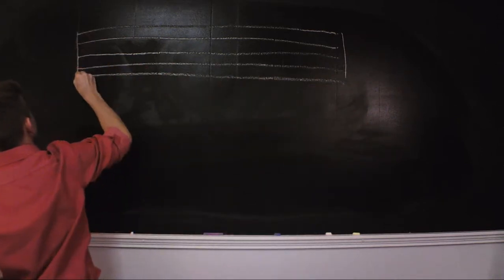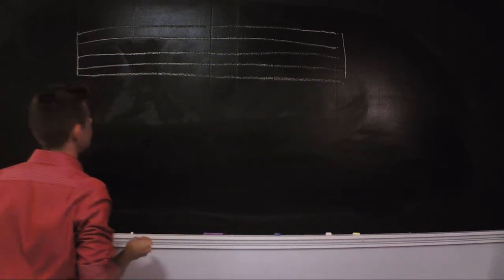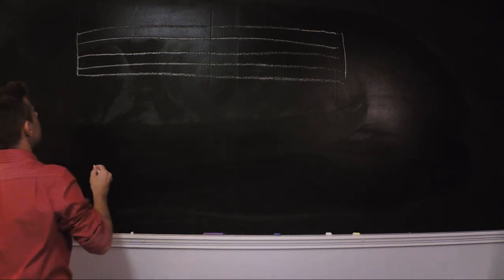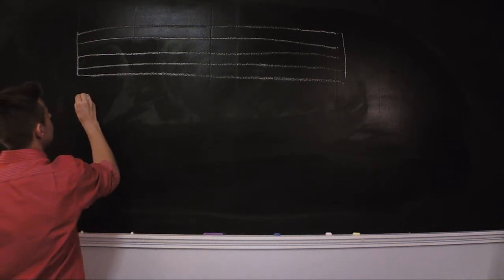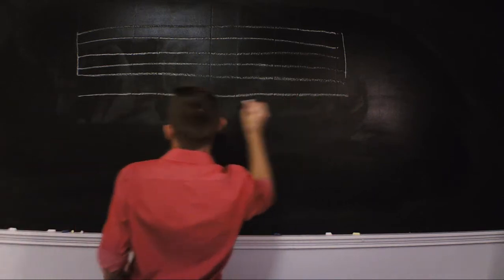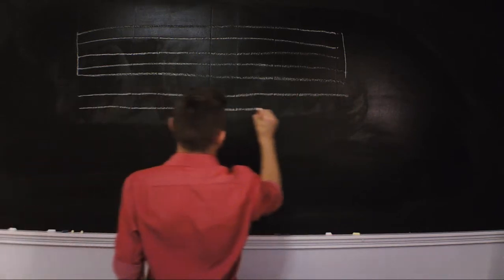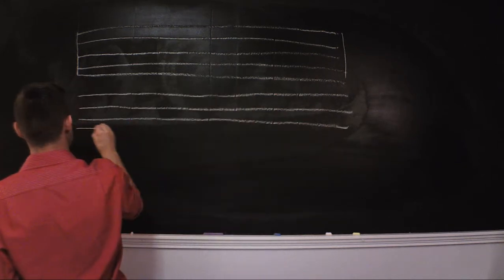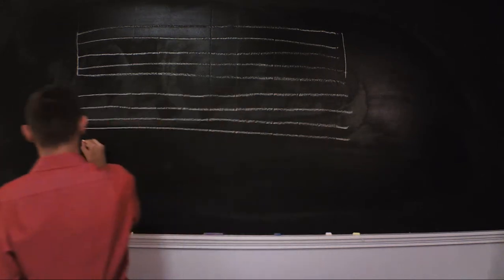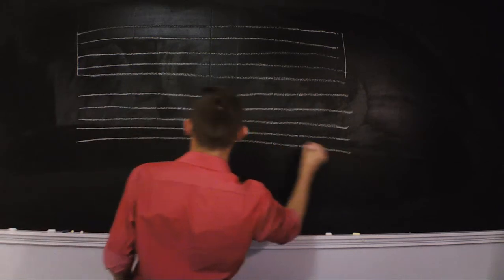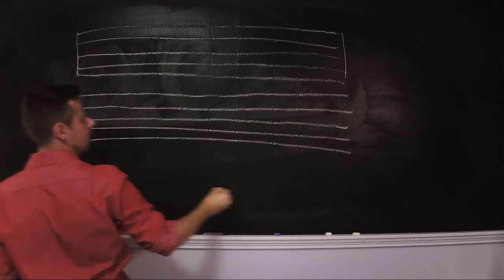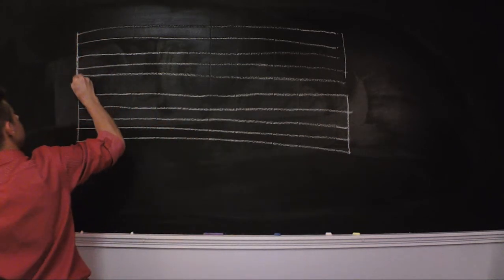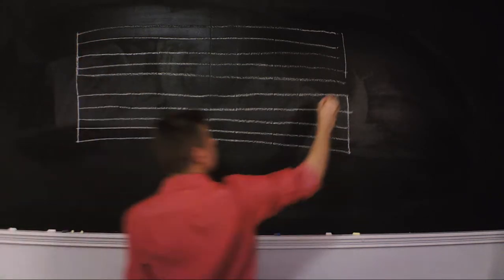Actually, let me draw a system. I'll draw a grand staff and we'll use it as an SATB, soprano, alto, tenor, bass sort of system. Remember, systems have their bar lines connected all the way through.